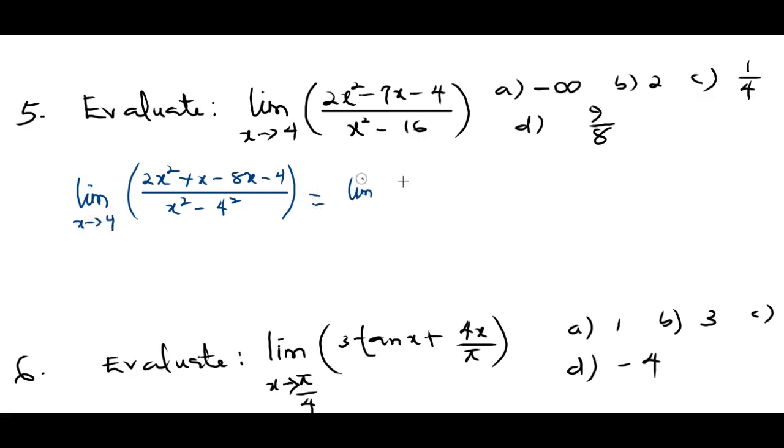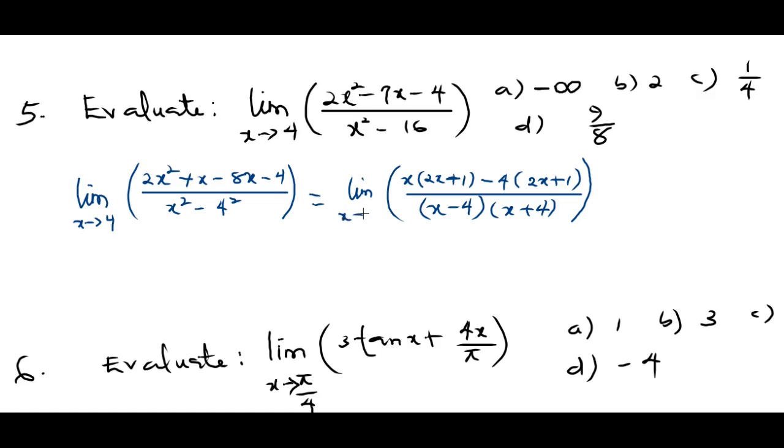So this becomes the limit of what's common, that is x into 2x plus 1 minus 4 is common, that is into 2x plus 1. Then for the denominator we are going to have x minus 4 into x plus 4. This is called difference of two squares.